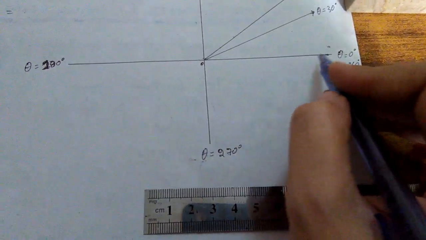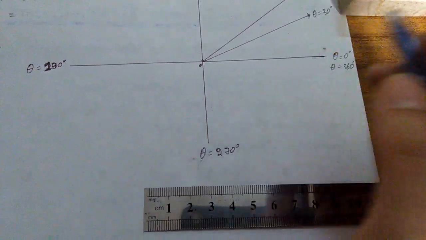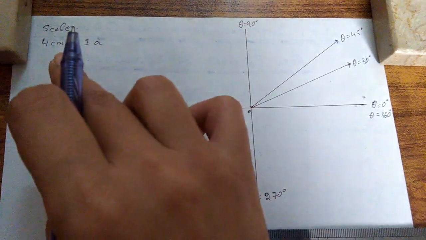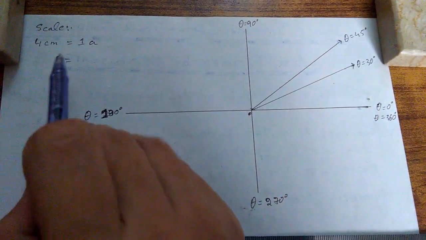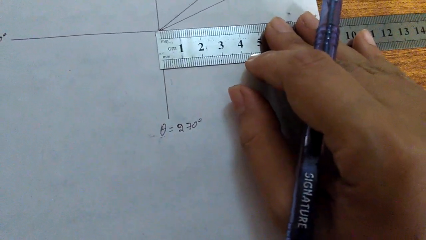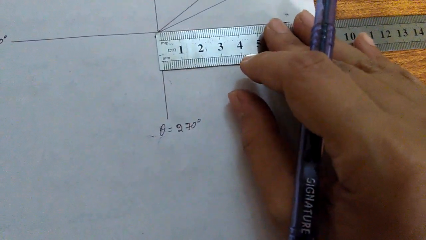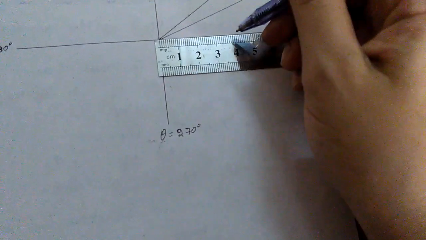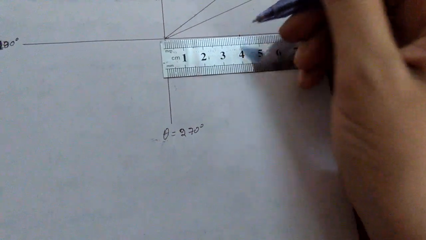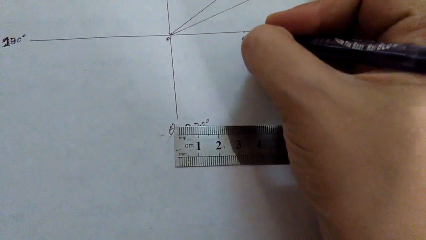At theta 0, the value of r was a. I've maintained a scale where 4 centimeters equals 1a, so my a position on the theta equals 0 ray is going to lie exactly at this point, right over here. This is going to be my a.